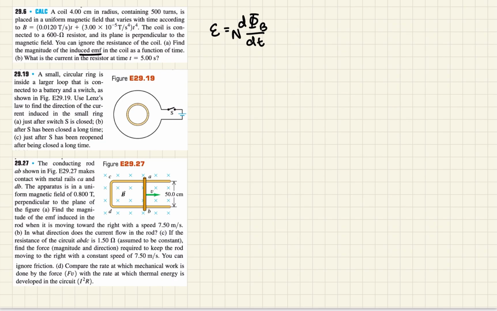Well, this magnetic flux is equal to B times A, because it's perpendicular to the field. There's no theta. And so you can also take the A out, because the A is not changing.